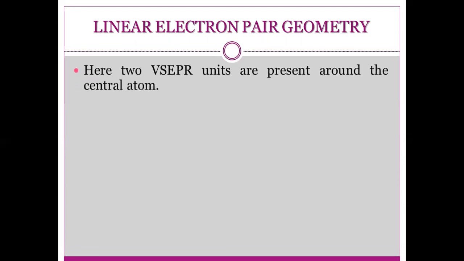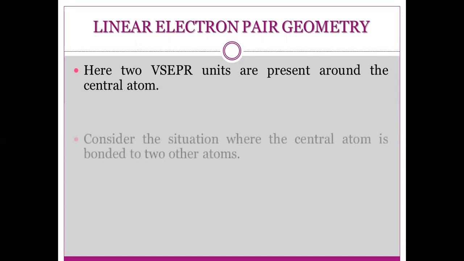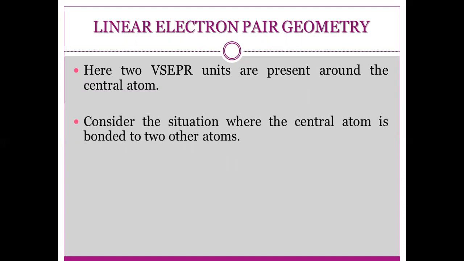When you have two VSEPR units present around the central atom, that word is very, very important: the two VSEPR units, or the repulsion. If you have two VSEPR units, then what are we speaking about? In this situation, the two VSEPR units are not lone pairs, both are bonding pairs. Ultimately, we name that species as linear.